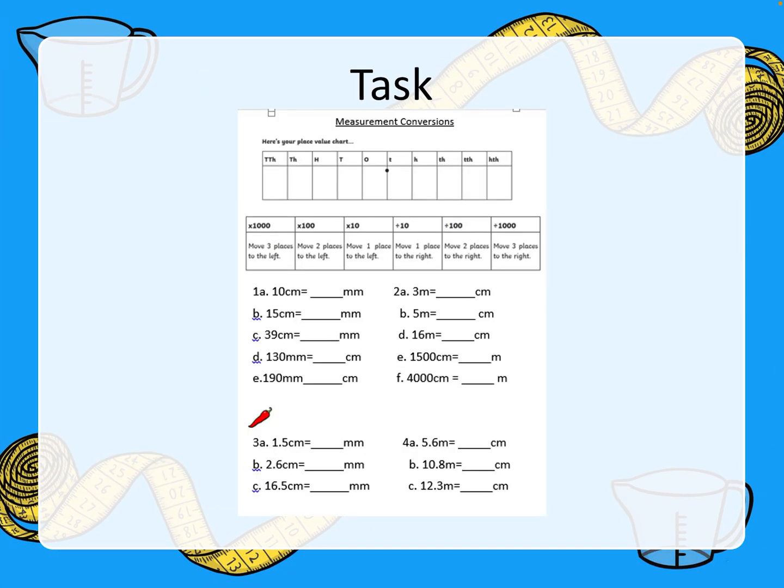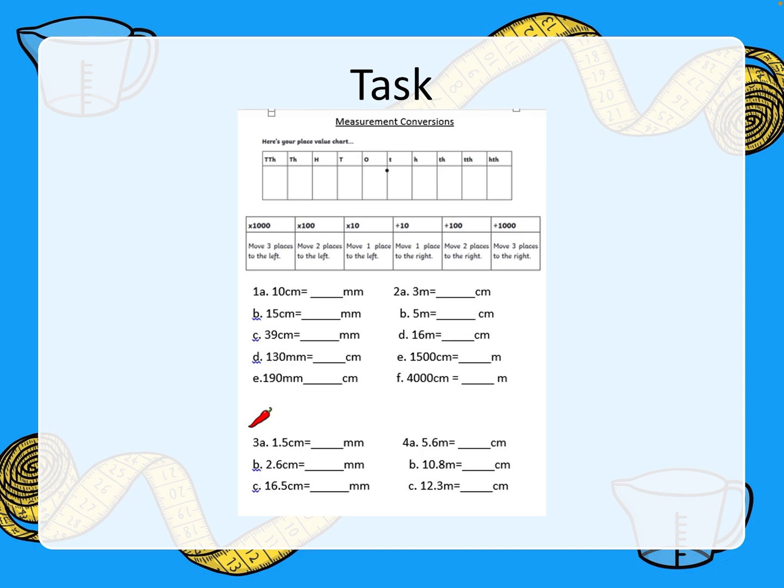Okay, so your task is to complete this measurement conversion sheet. I have put at the top the table to help you with the place value, but if you understand multiplying and dividing by 10 and 100, then you don't need to use that.